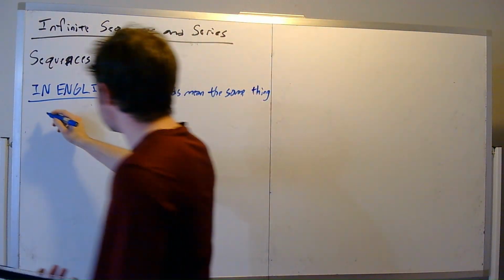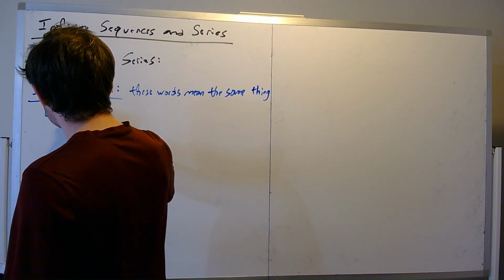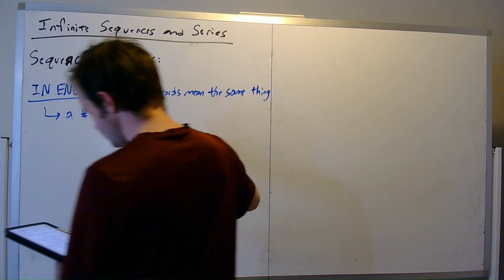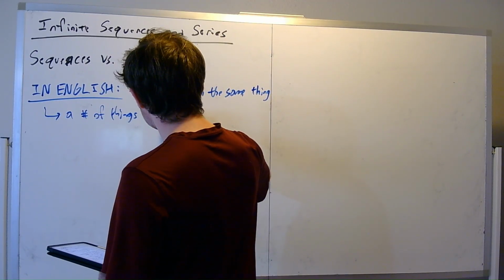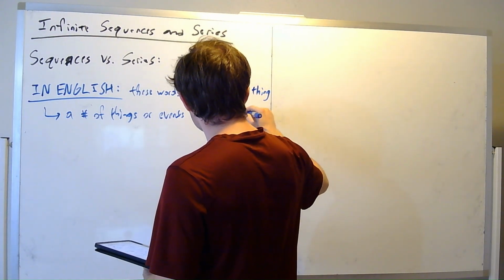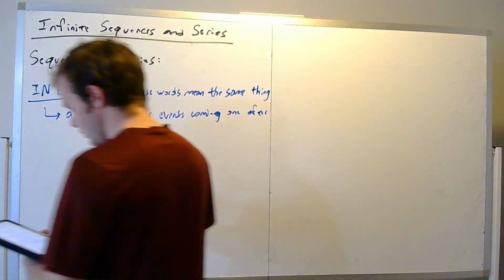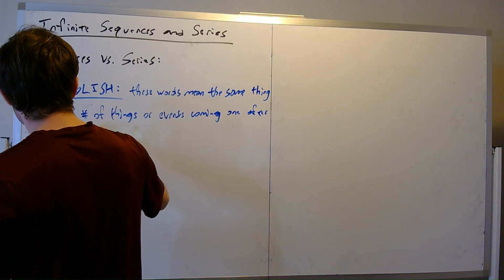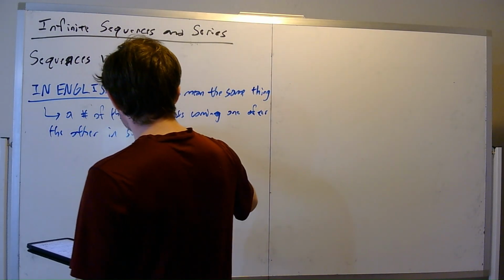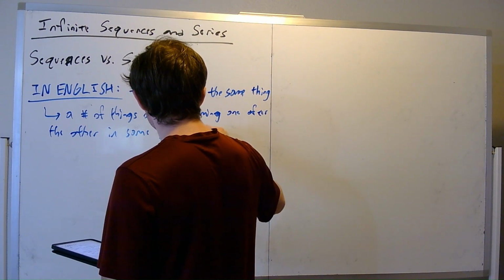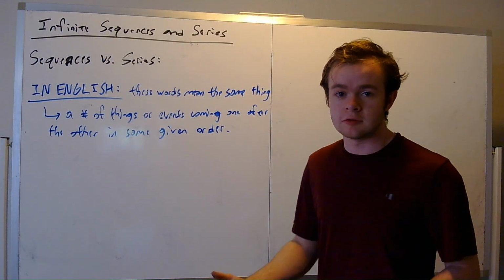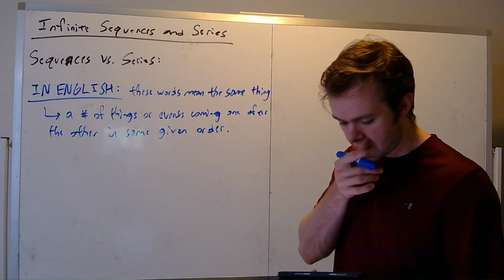So I'll say here, a number of things or events coming one after the other in some given order. Right, so just like a sequence of events or a series of events. That's kind of how we use that language.